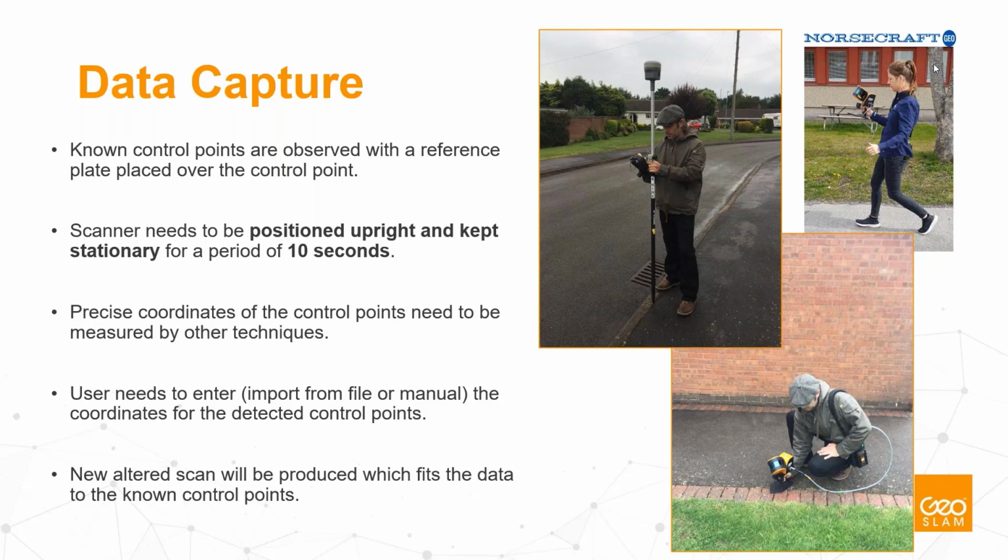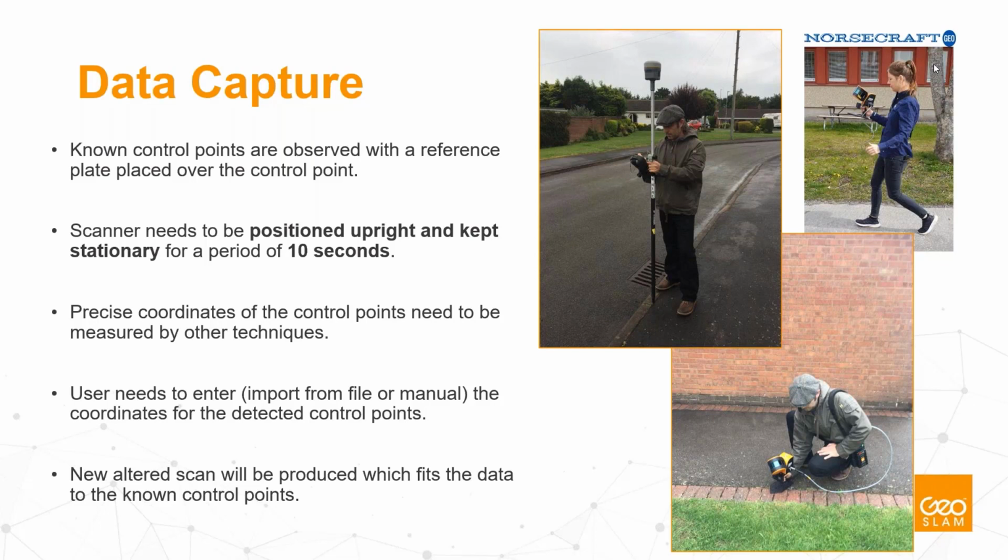Precise coordinates of those control points should be obtained by different surveying methods. So it can be GPS, it can be total station, anything that can give you coordinates of those points in your desired coordinate system. Reference points are automatically detected in our scan in the local coordinate system, in the scan coordinate system, while processing data in Hub.